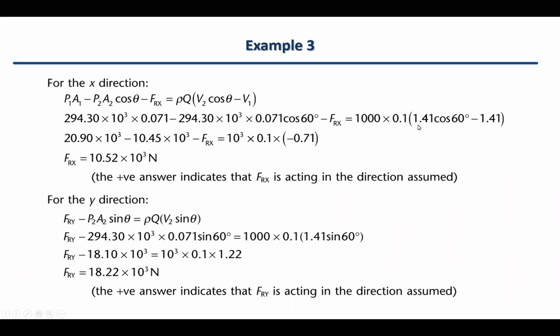Inside the bracket, 1.41 cosine 60 minus 1.41. Because the velocity is the same, you can factor it: cosine 60 minus 1 is half minus 1, which is minus half. Simplified, this is equal to minus 0.71 times 1,000 times 0.1.